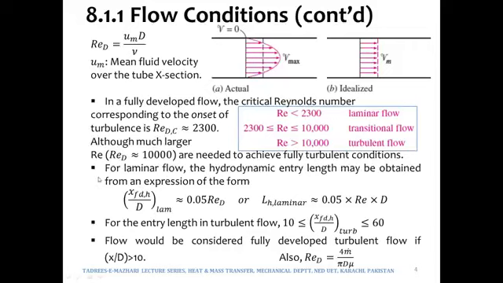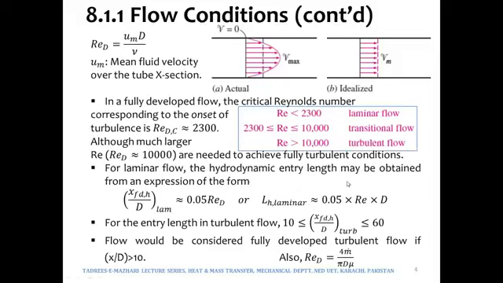Now, for laminar flow, as it says over here, the hydrodynamic entry length. What was hydrodynamic entry length? It was that length after which the velocity profile attains a fixed shape, and after which we call it fully developed flow.